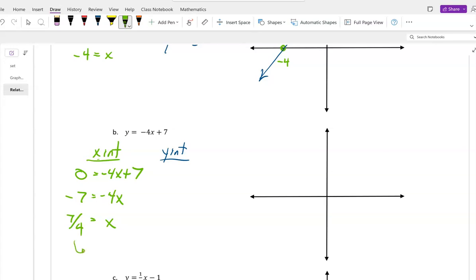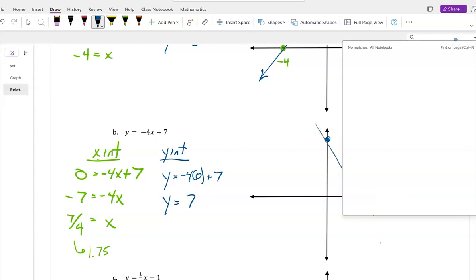Hopefully, you recognize 7/4 as being 1 3/4, so 1.75, but you don't really need to know exactly where it is. I can just say it's somewhere on the x-axis on the positive side. And the y-intercept, if I make x be 0, I just get y is 7.